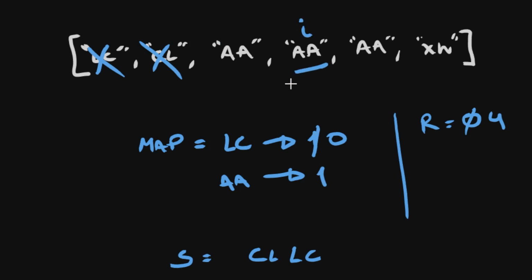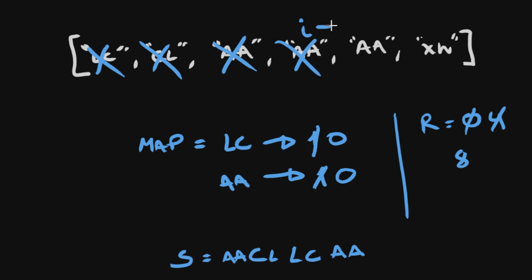Next, we are checking if we have AA in the map again, and we have that here, so this is now 0, and we can add 4 to the result, so this is now 8, and our current string would be AA, CL, LC, AA, okay, and this is a palindrome, so we are good to go. Remember, now the map is empty, we won't use these in the future.